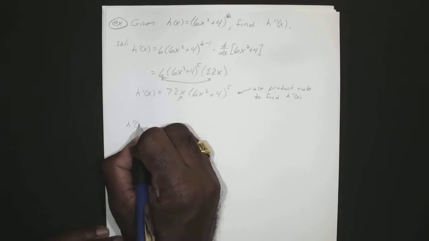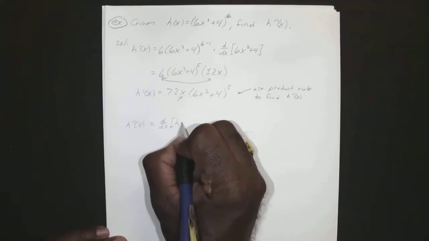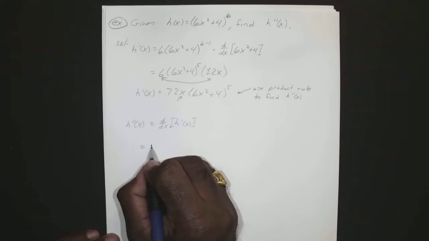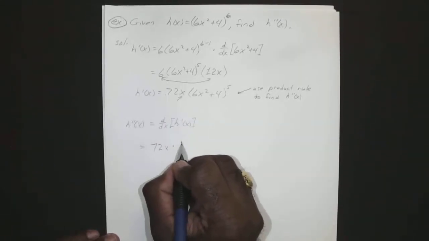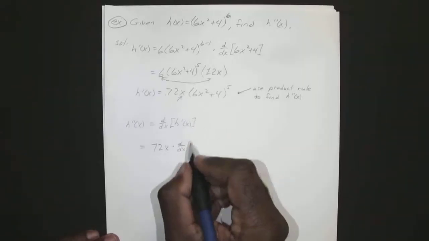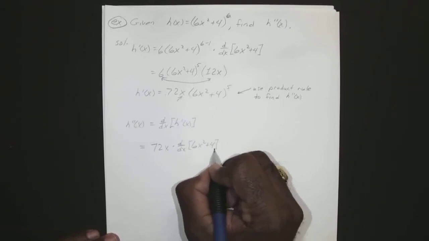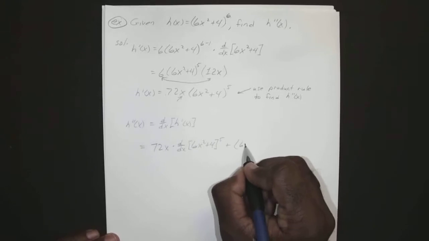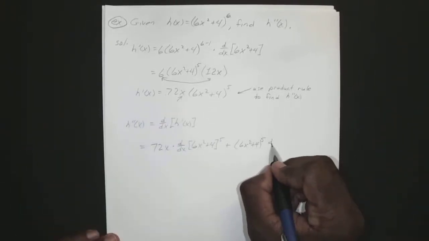Okay, so we know our second derivative, which is just the derivative of the first, is going to equal the first times the derivative of the second, plus the second times the derivative of the first.